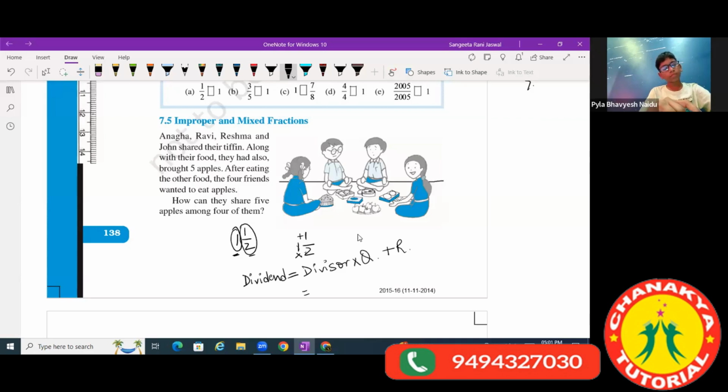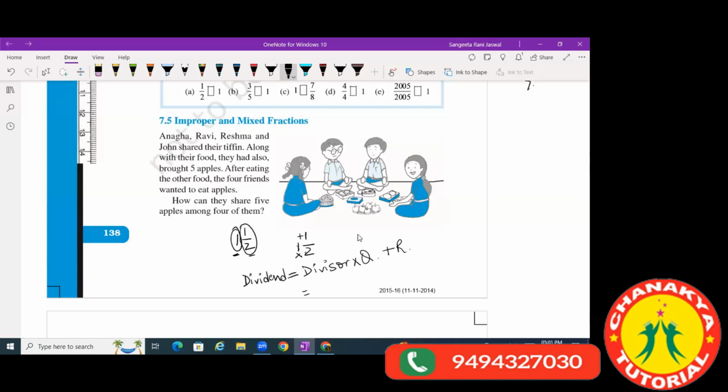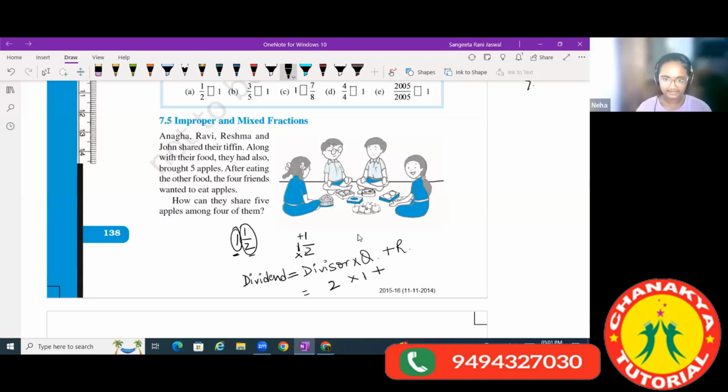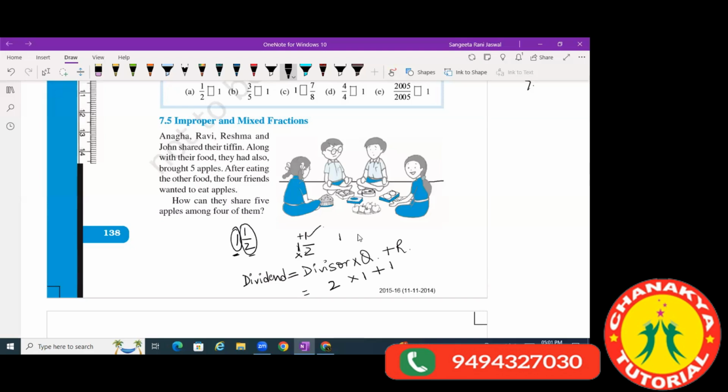So the dividend will be given by divisor into quotient plus remainder. So 2 into 1 plus 1.